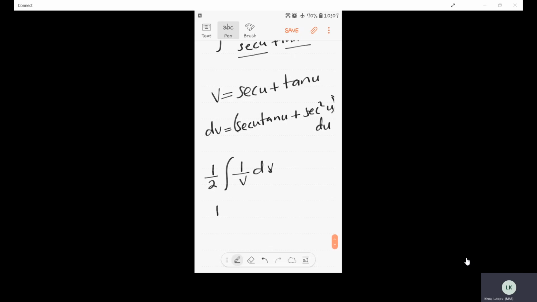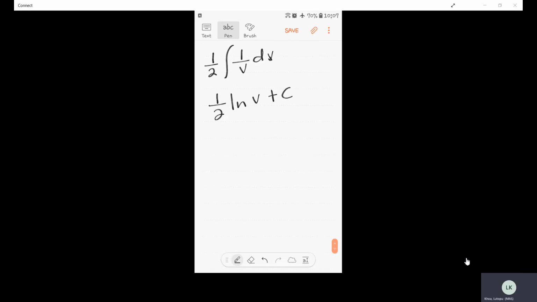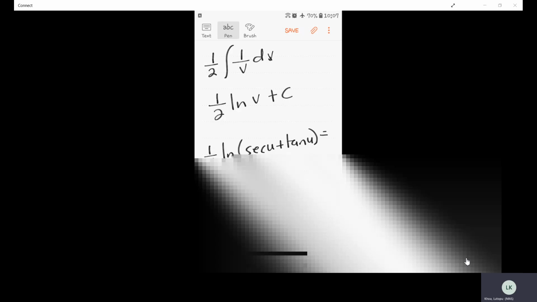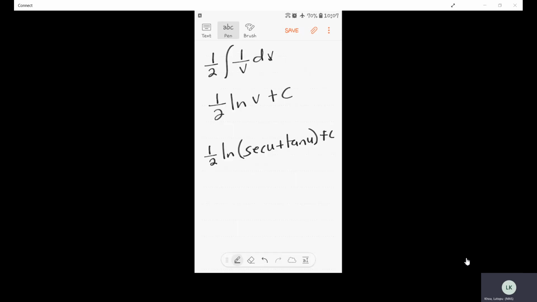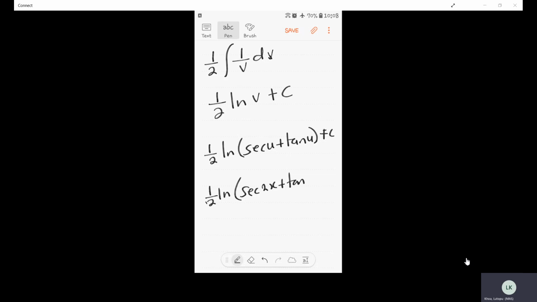And here, this gives me half ln of v plus c. So I unsubstitute v, so this is half ln v, this is sec u plus tan u plus c, and then I unsubstitute u, this is half, and then u was 2x, so this is sec of 2x plus tan of 2x plus c.